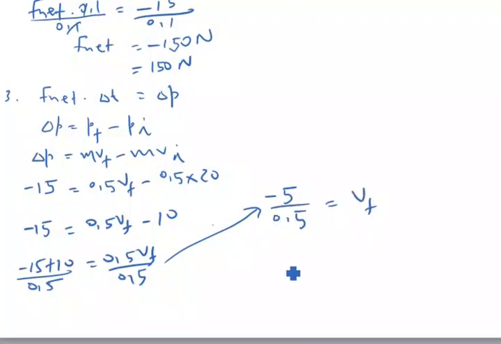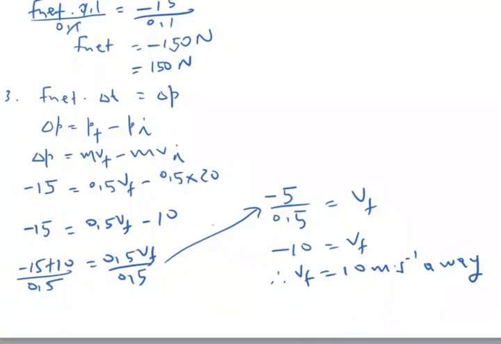Then 5 divided by 0.5 is minus 10, which is the final velocity. Therefore, the final velocity is 10 meters per second away from the wall.